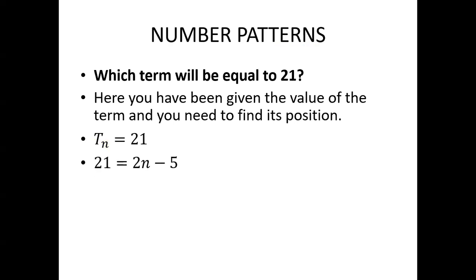Transpose 5, and take it to the left-hand side, it will become positive, all right? So you will end up having 21 plus 5, which is 26. And then you divide both sides by 2, you will end up having 13 is equal to n.